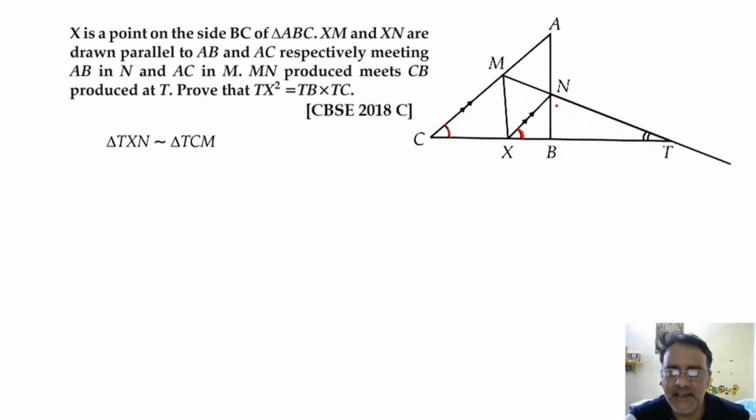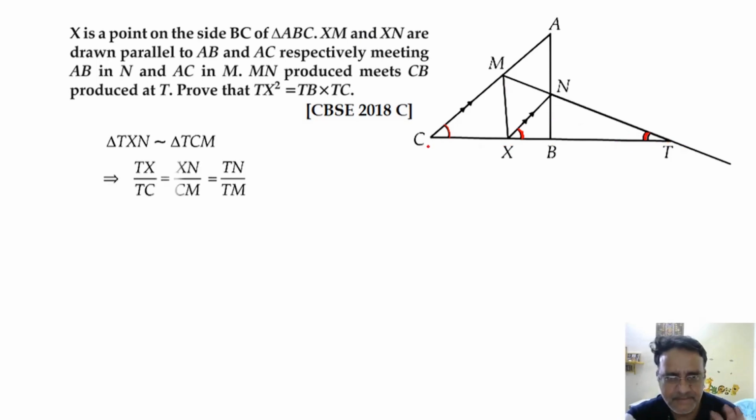So TN upon TM. Now this is the common angle for both the triangles. So first is XN and second is CM. And one more side is left, TX upon TC. Whether this is clear to all of you, corresponding sides of similar triangles are proportional.